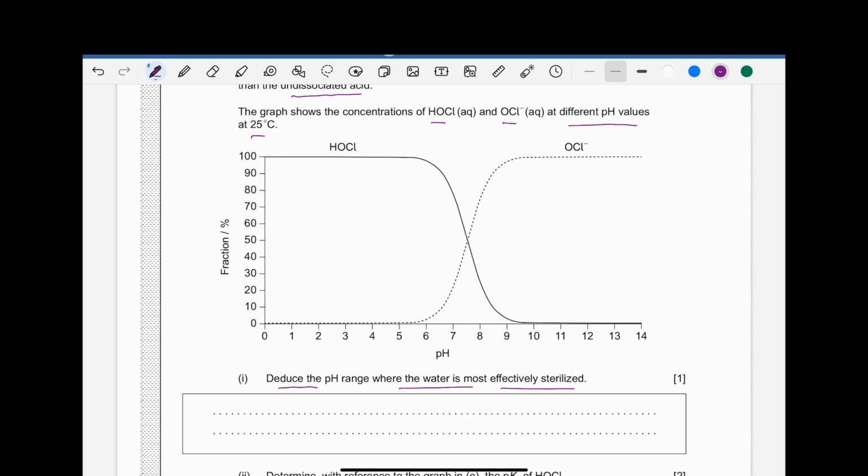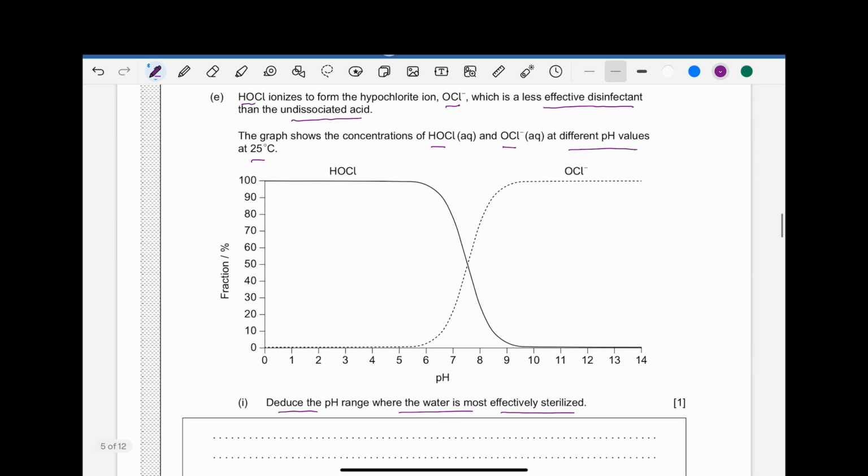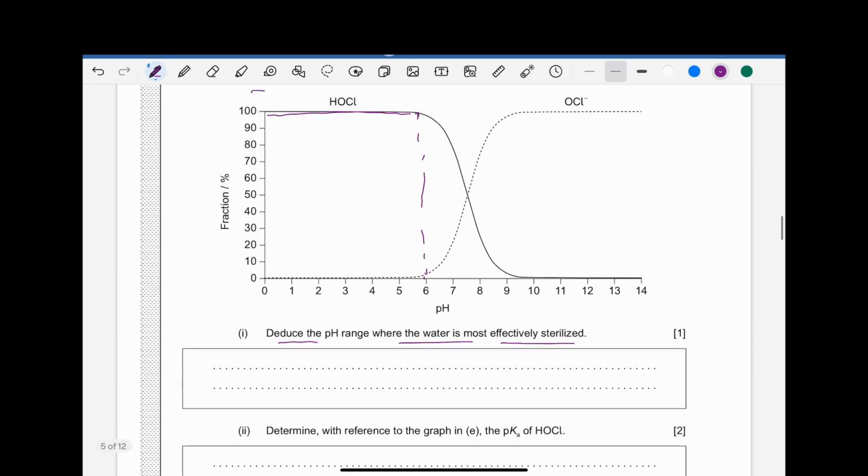We're looking for the maximum concentration of HOCl because OCl minus is less effective. The highest concentration of HOCl is from here to here, which seems to be pH 6. So we can write pH range 0 to 6. That is where water is most effectively sterilized because we have the highest concentration of HOCl.